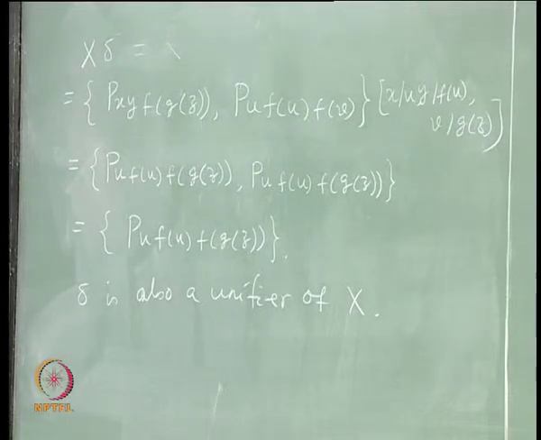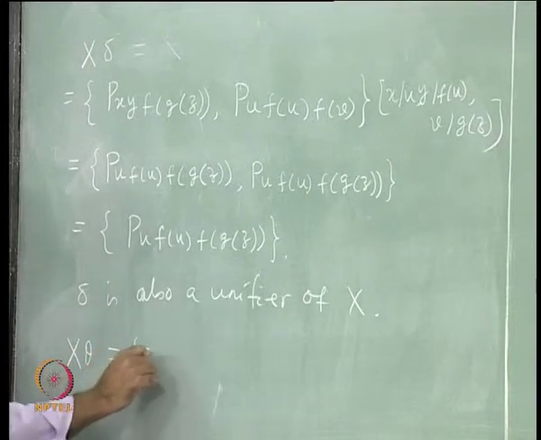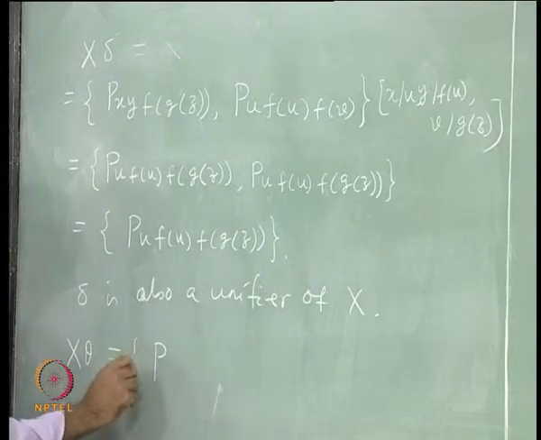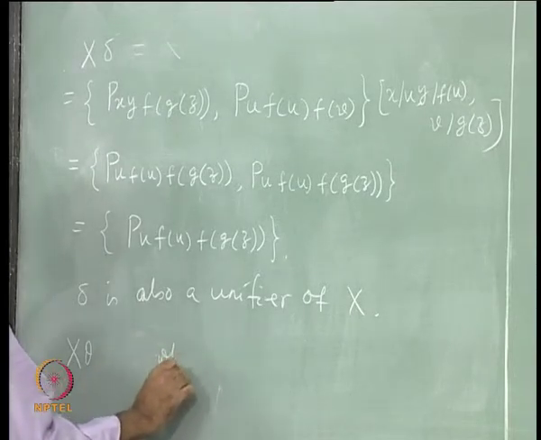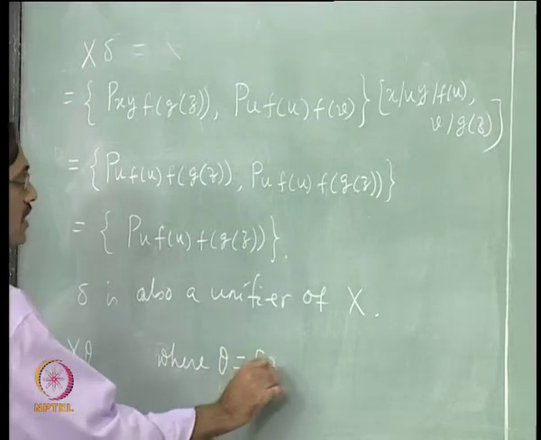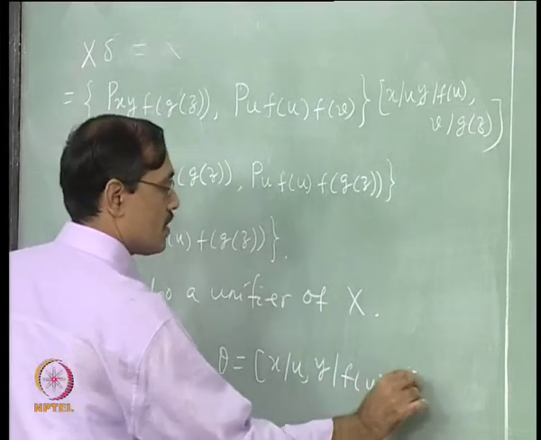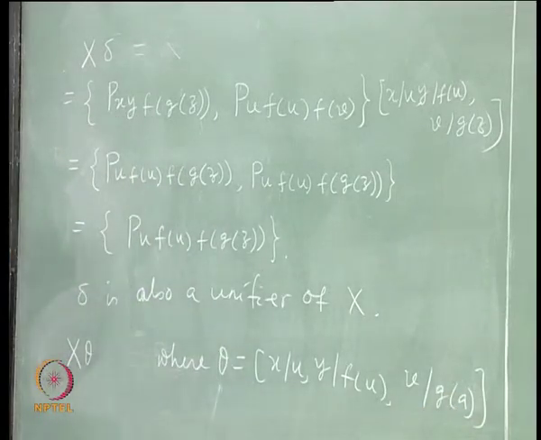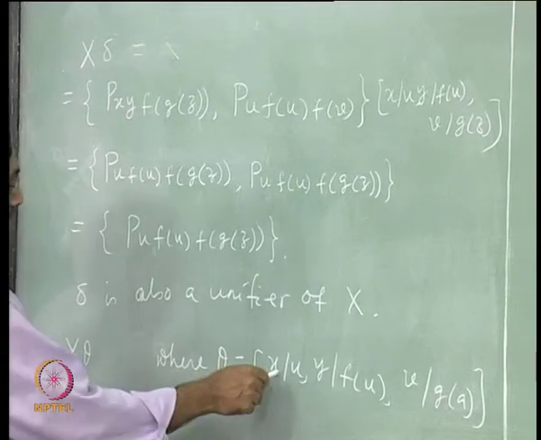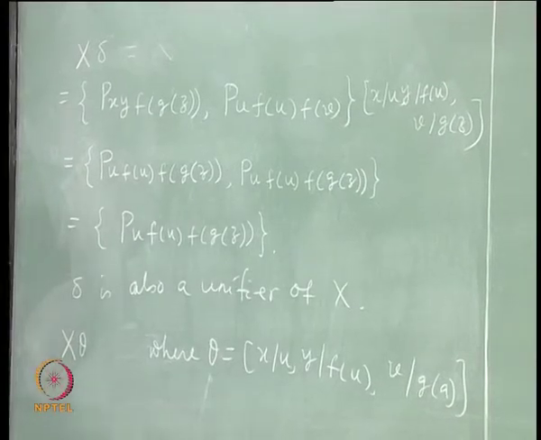Okay. What about theta? Let us try that also. Let us write that theta is x over u, y over f of u, v over g of a. So the difference between delta and theta is that x by u is the same, y by f of u is the same, v by g of a instead of g of z, right.